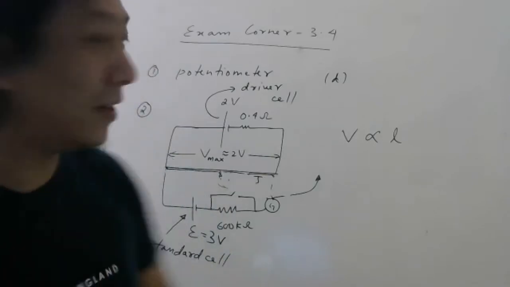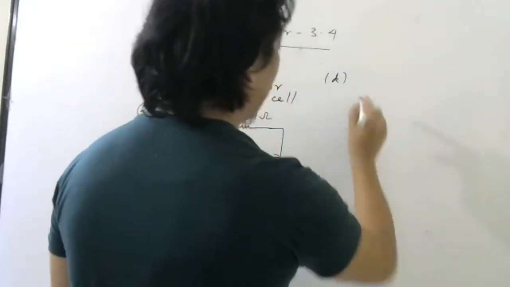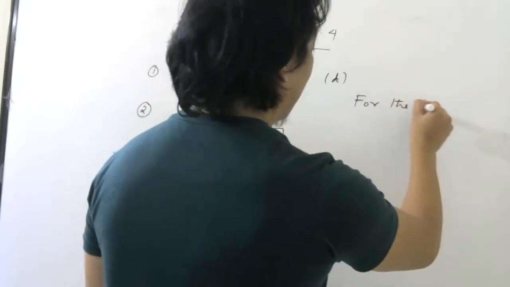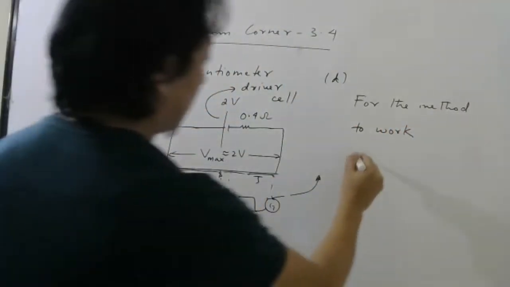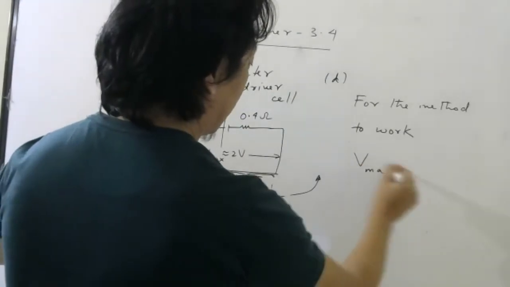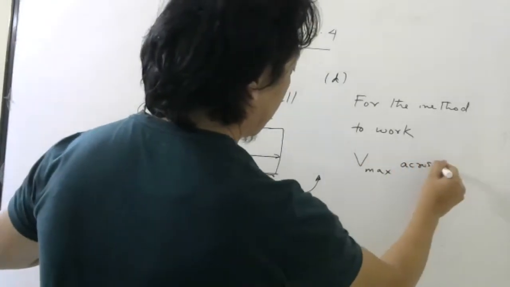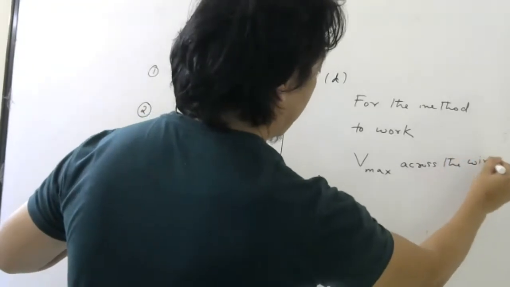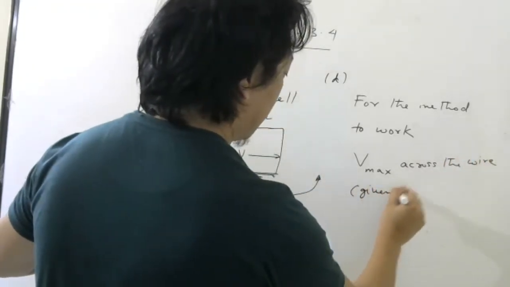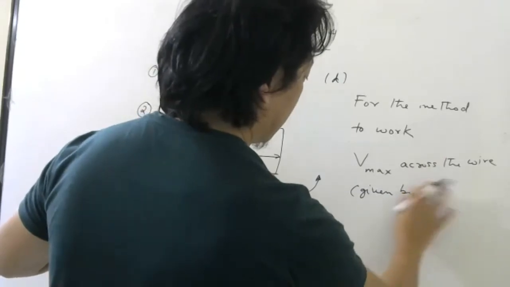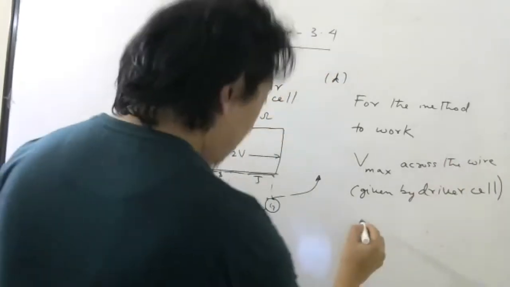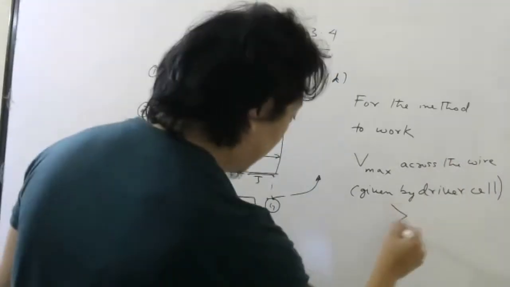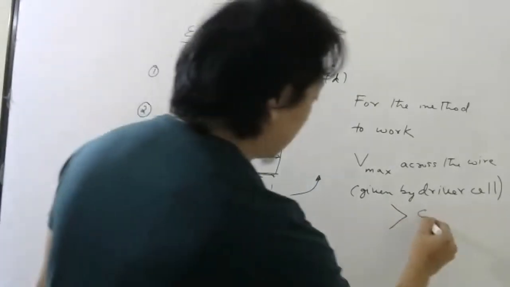So please understand that for the method to work, whatever voltage here is there, the maximum voltage across the wire given by driver cell should be greater than the cell EMF to be measured.